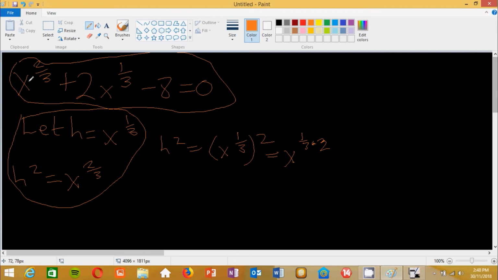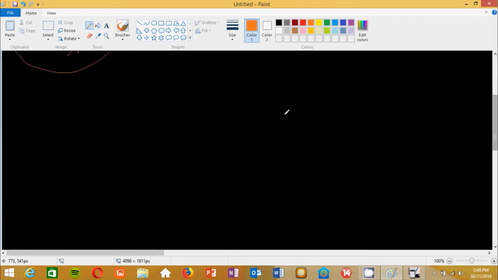So that becomes h squared plus 2h minus 8 is equal to 0. And what do you know? We have a quadratic equation. Now we want to solve this quadratic equation.